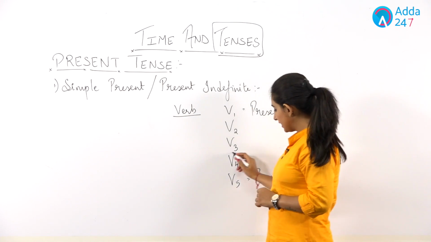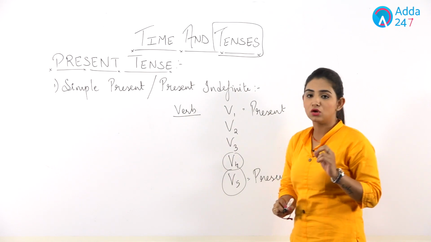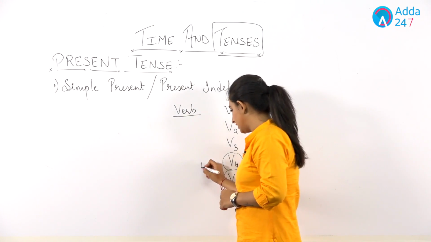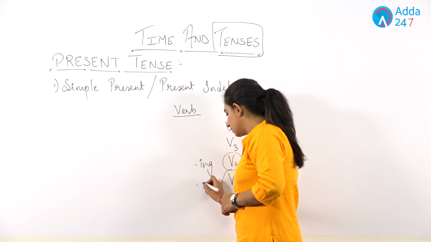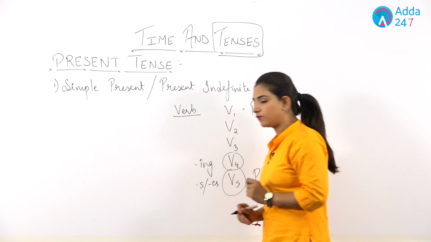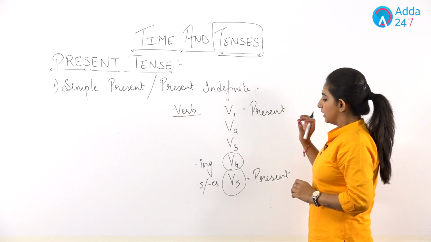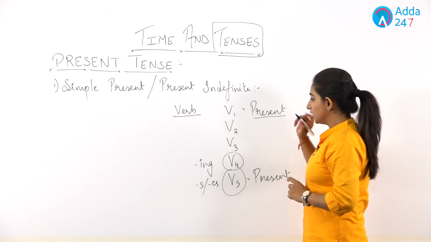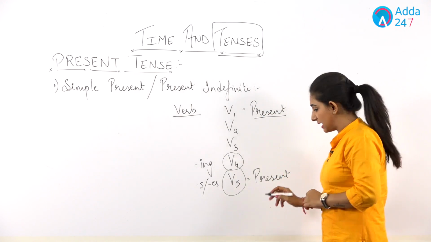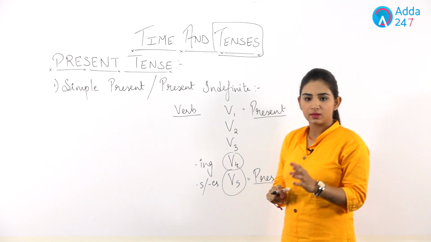You will not find V4 and V5 written in your books. Instead of these, you will find ing form of verb or s or es form of verb in your books, right? If we talk about this, first form of verb is also used in present tense and fifth form is also used in present tense.